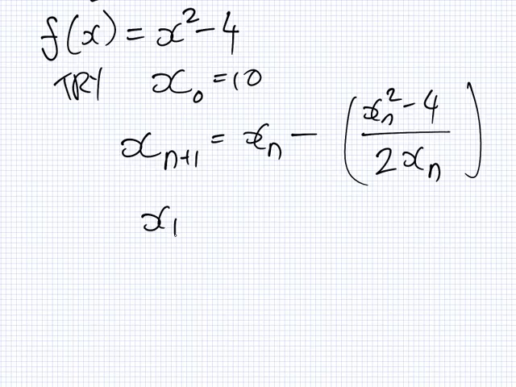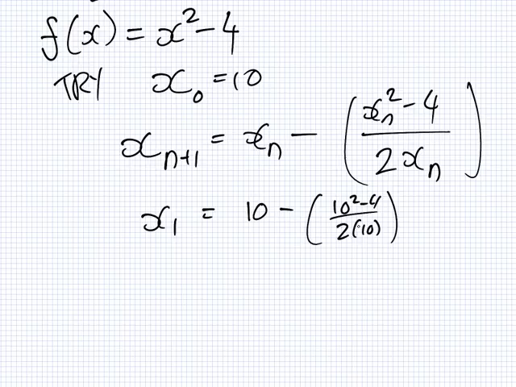Right, so let's put x0 in. So x1 would be 10 minus 10 squared minus 4 over 2 times 10. Yeah? What's that? 96, 9.6. 9.6 divided by 2 is 4.8. Isn't it?